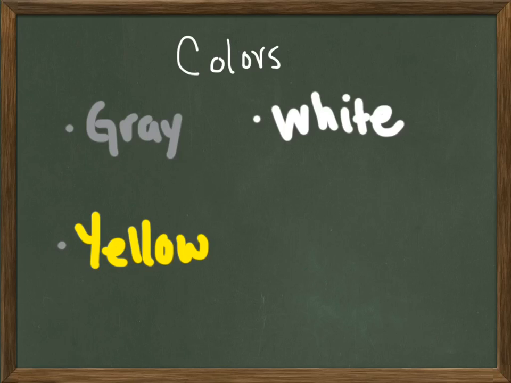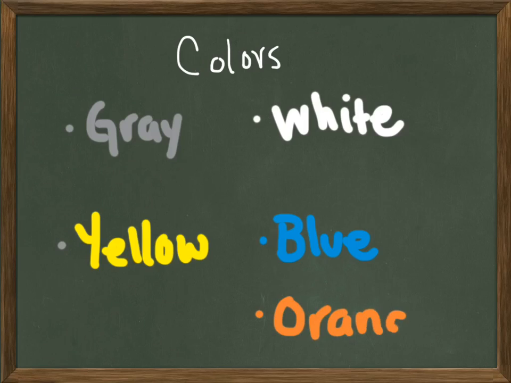Another one we're missing is blue, blue, blue. Our next item is orange, orange, orange. Alright, there is not much explanation here, just checking the pronunciation, especially for orange and purple.